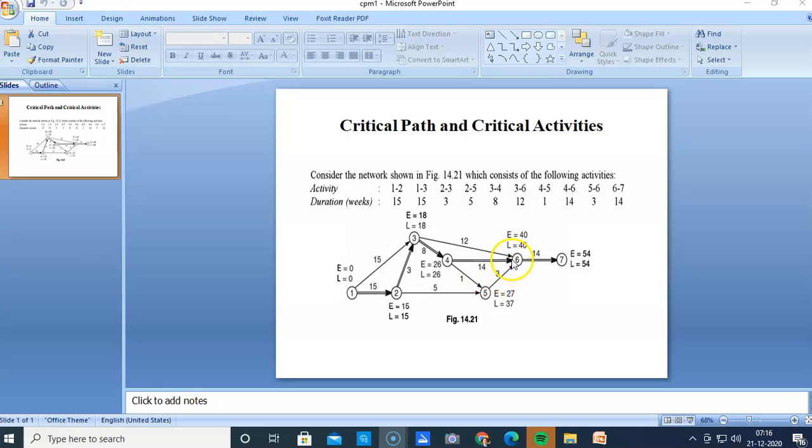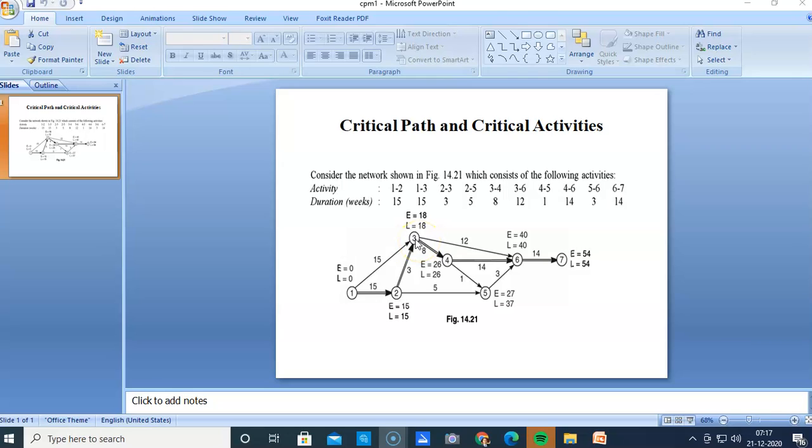So now go here, 40 minus 14, 26, and 27 minus 1, 26, and then 26 minus 8, that is 18. So 18 and 28, we take the minimum. We take the minimum when any two lines are merging at one node backward. We take the minimum for computation of latest finish times.